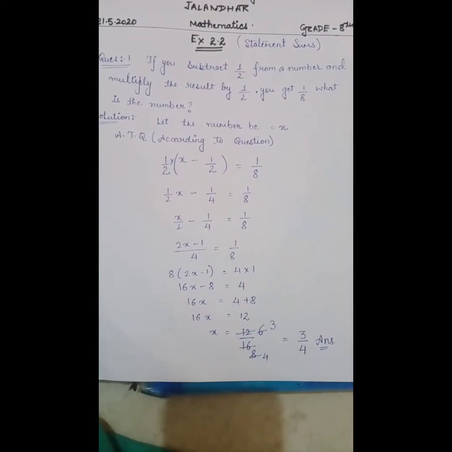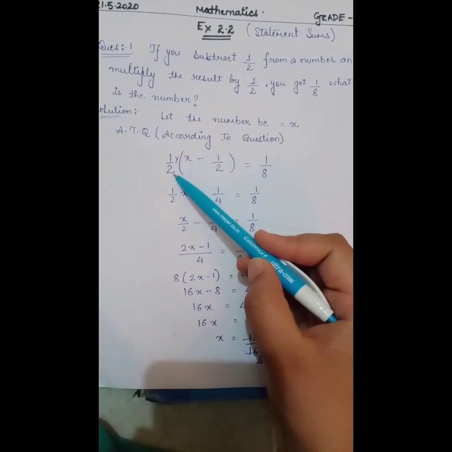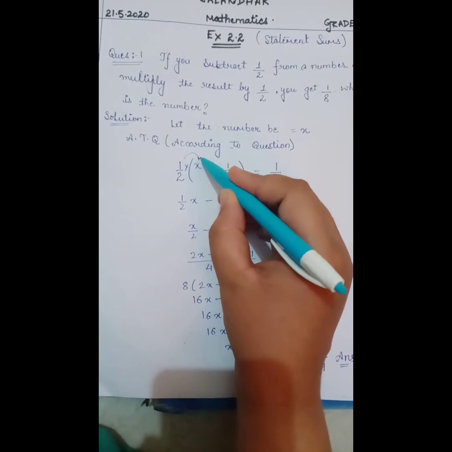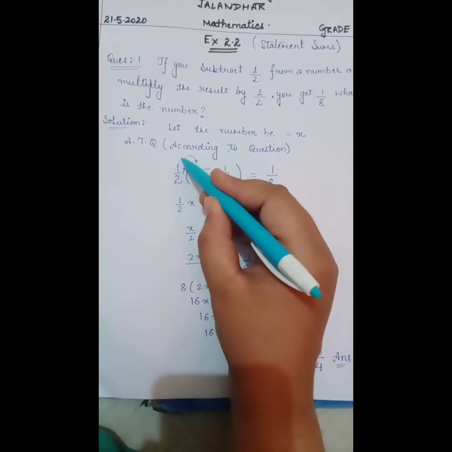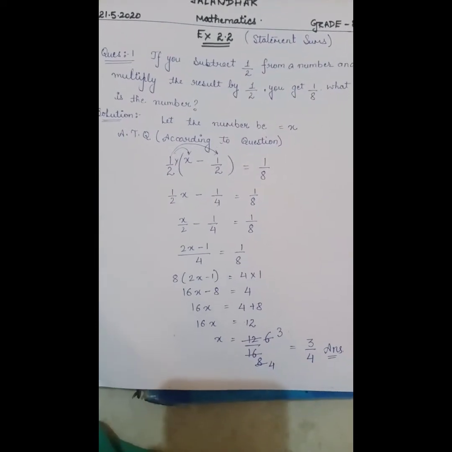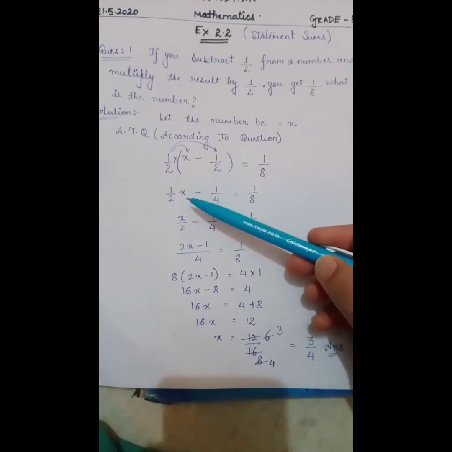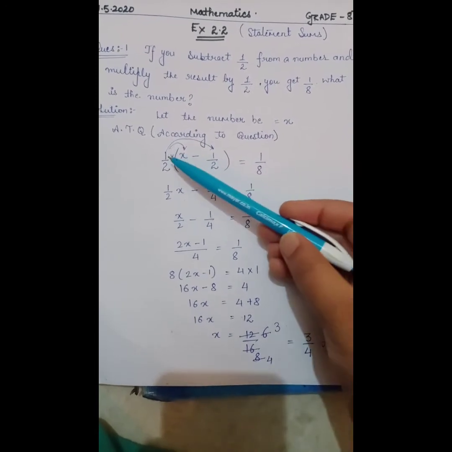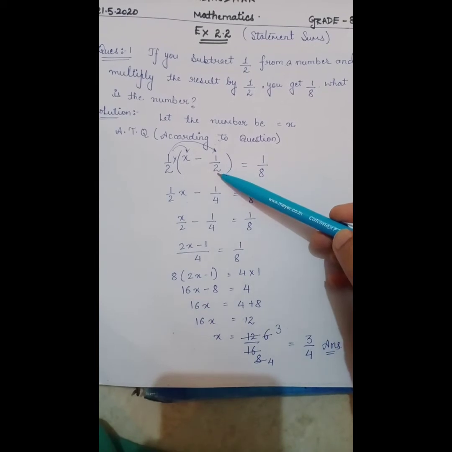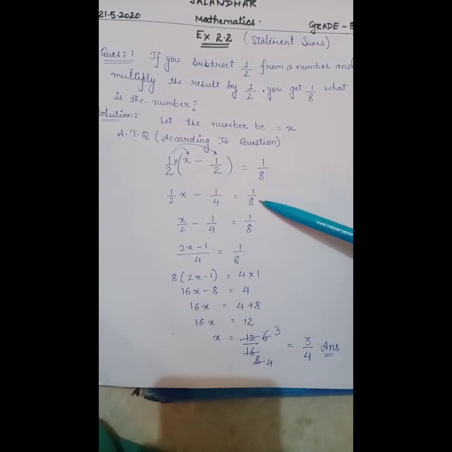Kindly start how to solve. When we multiply 1/2 by x, secondly 1/2 by minus 1/2. So 1/2 into x gives you 1/2 x, minus 1 into 1 is 1, denominator multiplied by denominator, 2 times 2 gives you 4, is equal to 1/8.